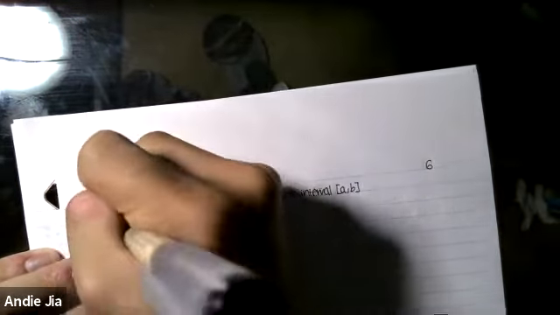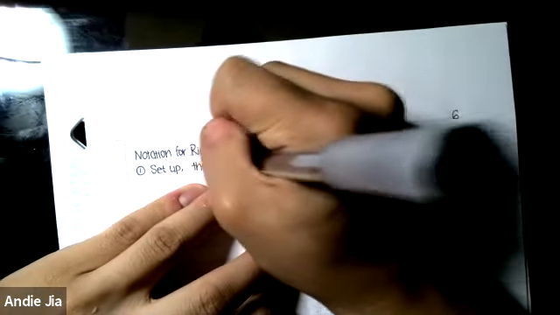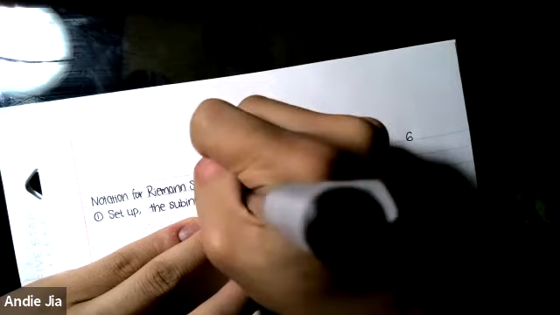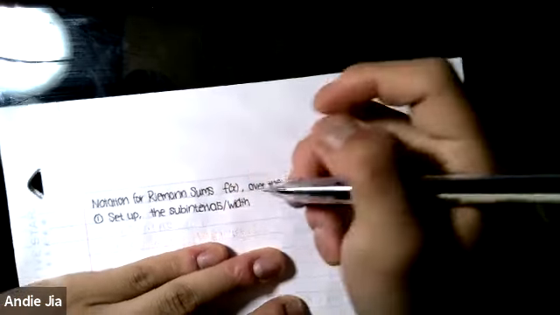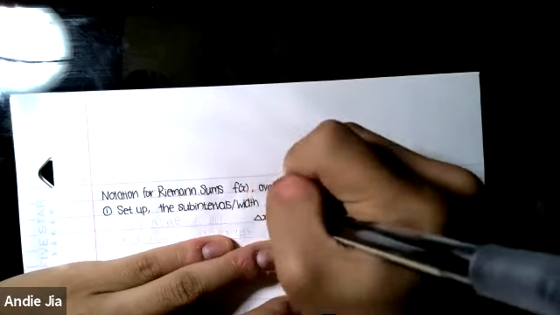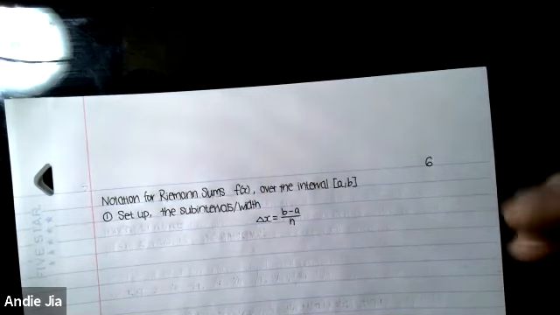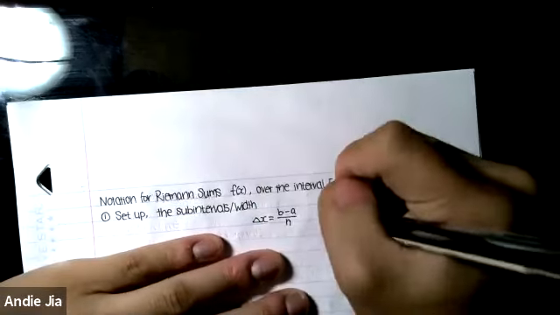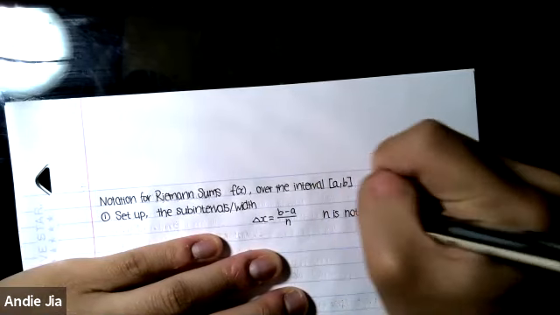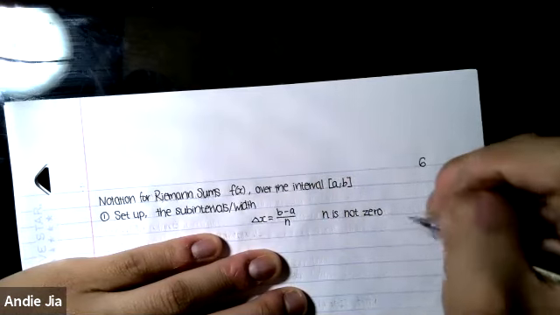Step 1: subintervals. And the width: delta x is equal to b minus a over n, with n subintervals, always making sure that n is not 0 or 1.